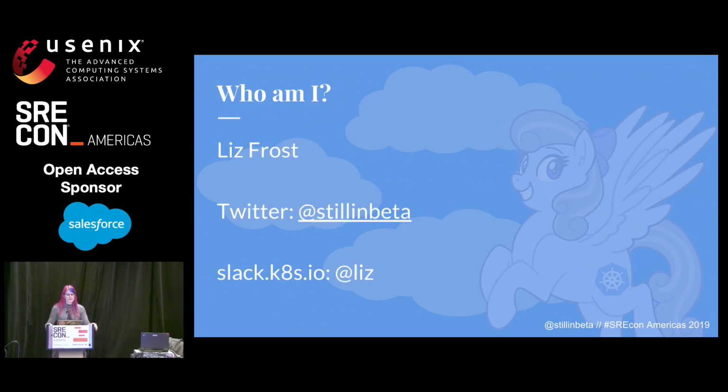My name is Liz Frost. My Twitter handle is still in beta. It's also in the bottom corner of all of my slides. It's mostly just pictures of dogs, so if that's the sort of thing you're into, then that's probably a good Twitter account to follow. I am on the Kube Slack. Kubernetes has its own Slack. It's very large. If you need Kubernetes help, that is where you can find me.